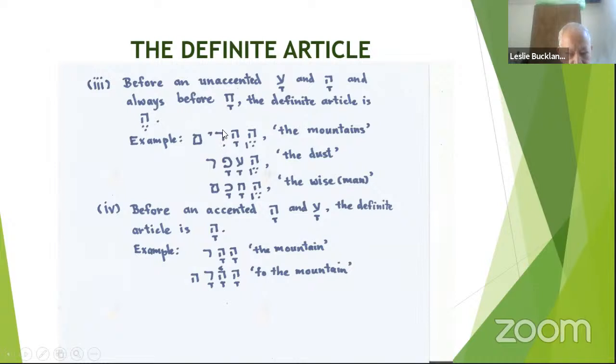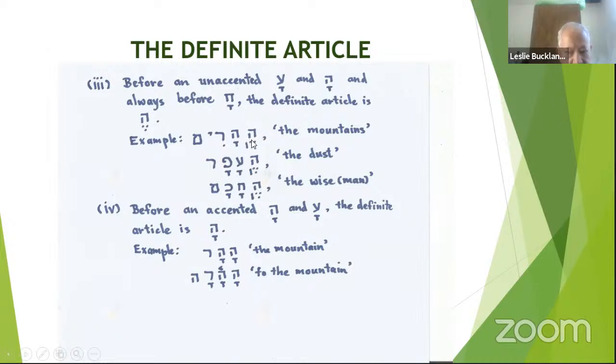It is just assumed that the accent is here. So this is 2 syllables, 1, 2, away from the last syllable. And so there is a pause after the definite article. He-harim. And the same thing for each of these words.